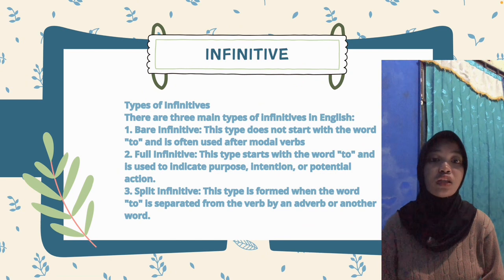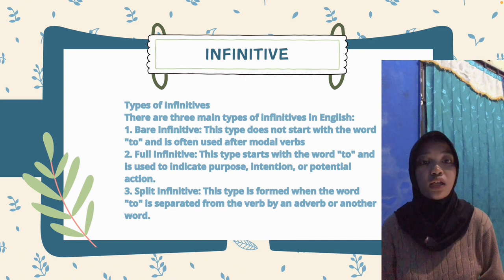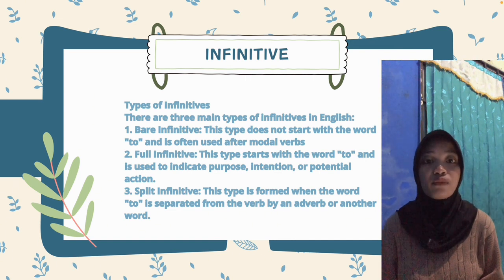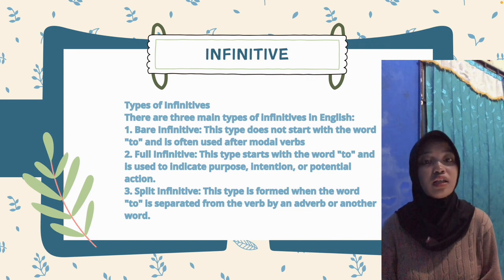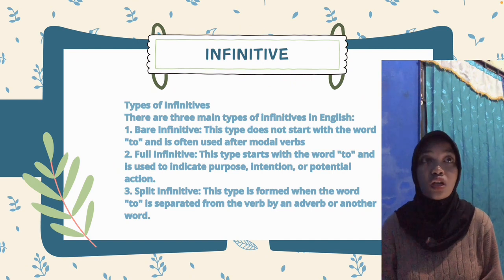Next, full infinitive. This type starts with the word to and is used to indicate purpose, intention, or potential action. It can be used as a subject, object, or complement in a sentence.